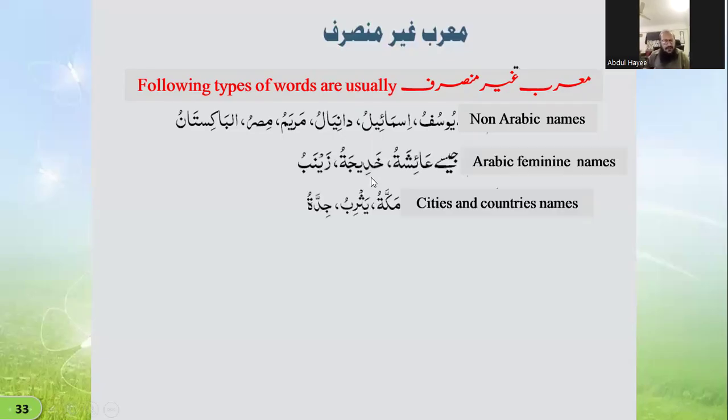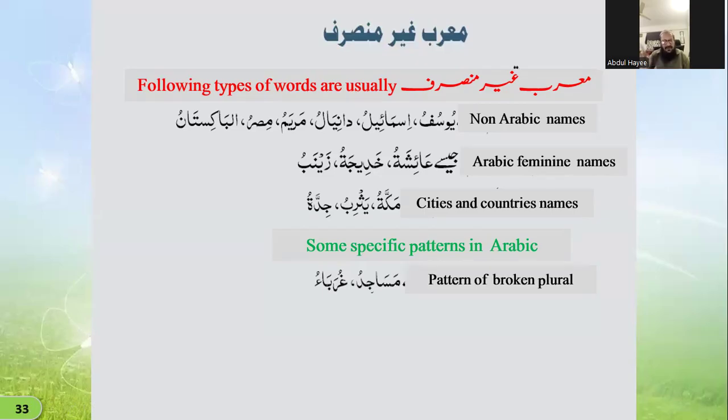Arabic feminine nouns, just like Aishatu, Aishata, Aishata; Khudijatu, Khudijata, Khudijata; Zainabu, Zainaba, Zainaba. The names of cities and countries, like Makkatu, Makkata, Makkata; Yasrabu, Yasraba, Yasraba; Jiddatu, Jiddata, Jiddata. Some specific patterns in Arabic, like the pattern of broken plural: Masajidu, masajida, masajida.